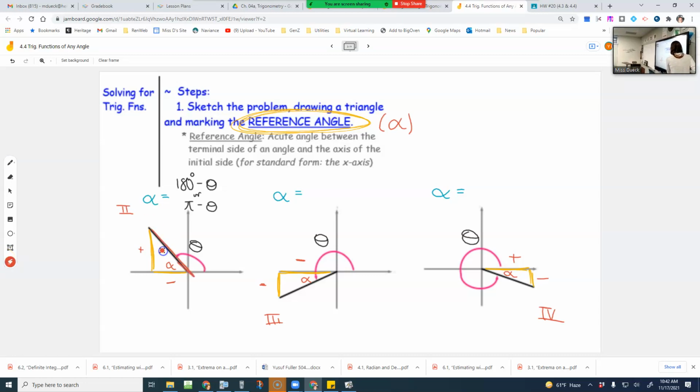The x-axis, and not the 0 or 2 pi or 360 x-axis, but the opposite, which is what angle? Pi or 180. So I'm saying it's a little bit shy of 180. How much shy? Well, do subtraction. Good old-fashioned math. Subtract the two and you'll know how much, and that'll be my reference angle.